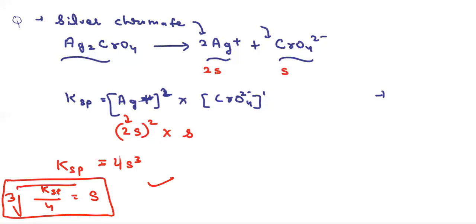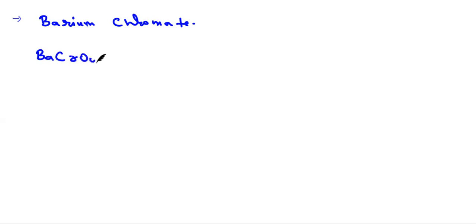Okay. Now, if I take one more question on solubility. Suppose barium chromate salt is given to you. Can I say the barium chromate formula is BaCrO4, right? So it is going to be broken down into Ba2+ and CrO4 2-, right?